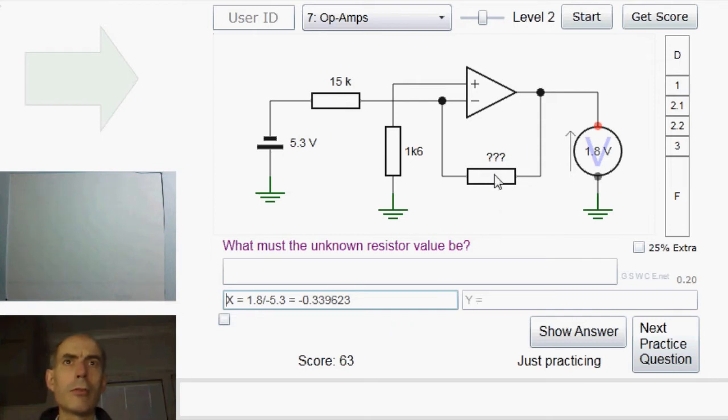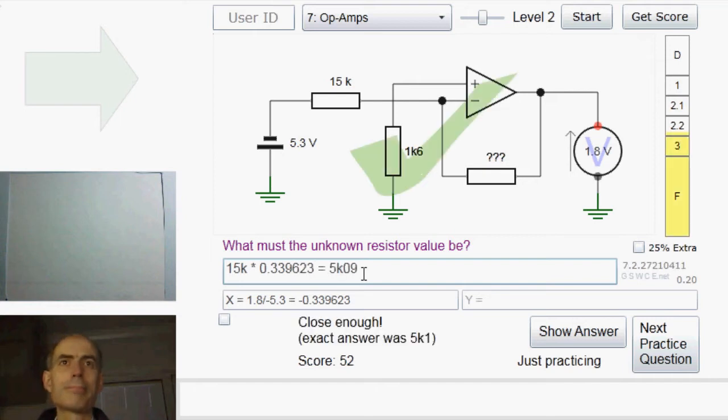In other words, that resistor divided by this resistor is 0.3396 and so on, which means the unknown resistor must be 15k times 0.339623, etc. Fine.